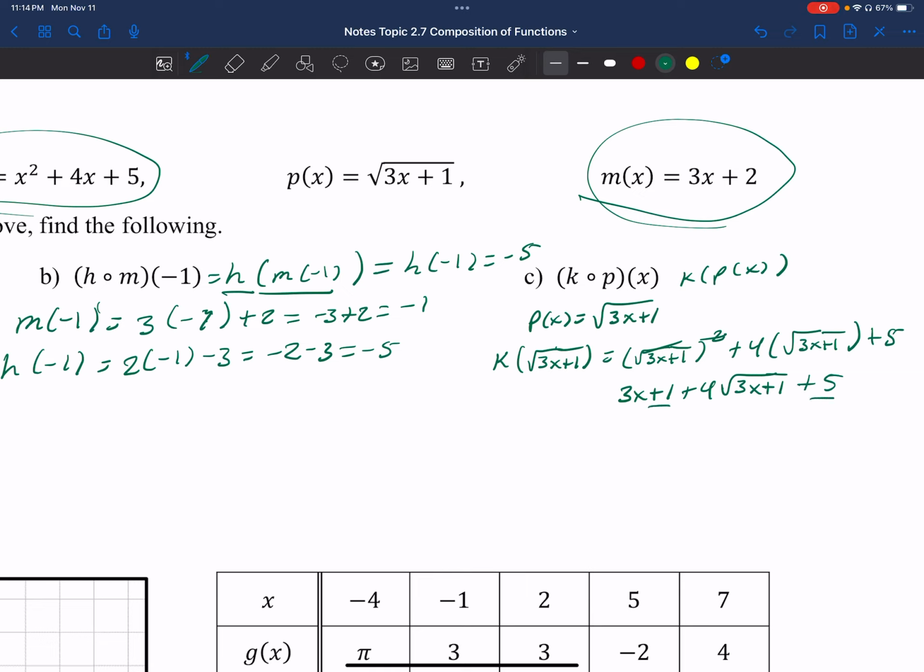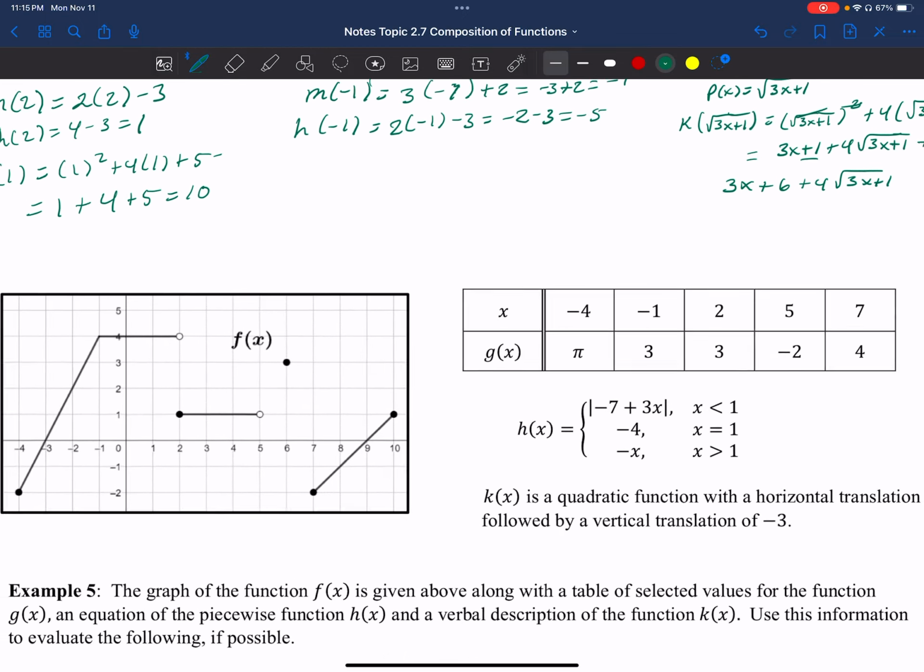I do have some like terms here, so I can put them together and say this is 3x plus 5 plus 1, which is 6, plus 4 times the square root of 3x plus 1. So that's what that would be equal to once you write it down. K of the square root of 3x plus 1 will be equal to 3x plus 6 plus 4 times the square root of 3x plus 1.